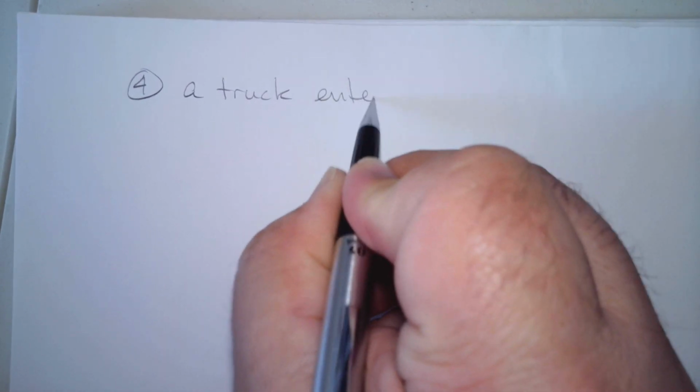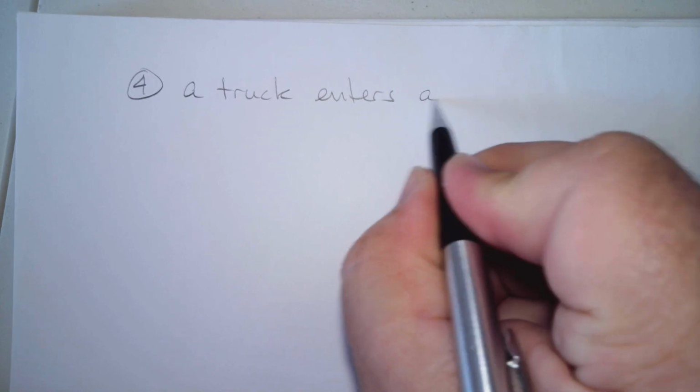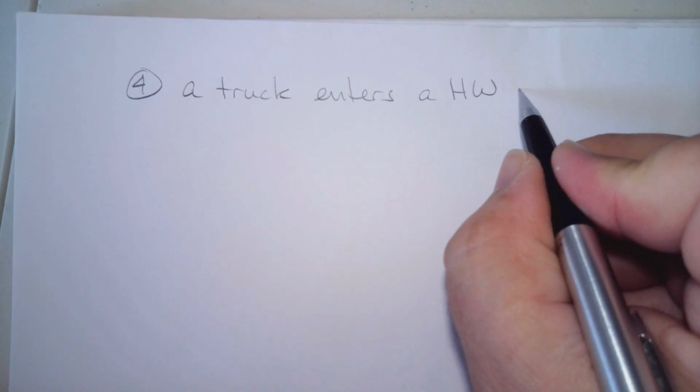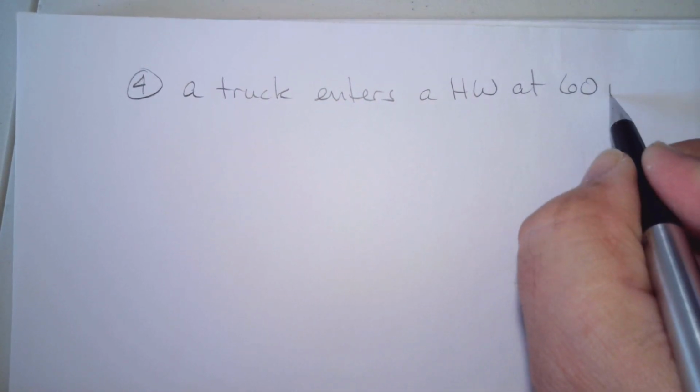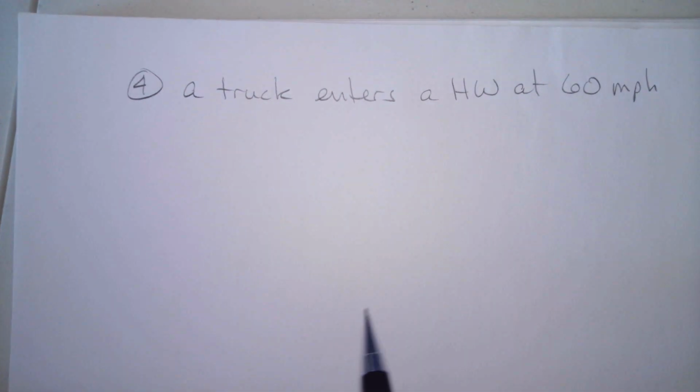All right. Let's look at the next one, it's another word problem. It says a truck enters a highway at 60 miles per hour.